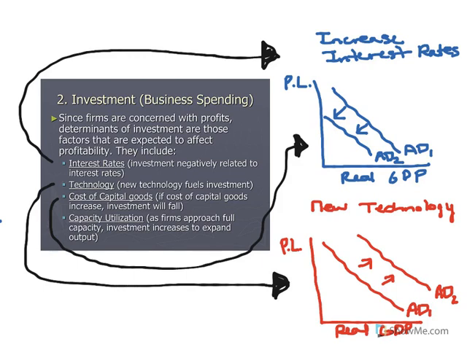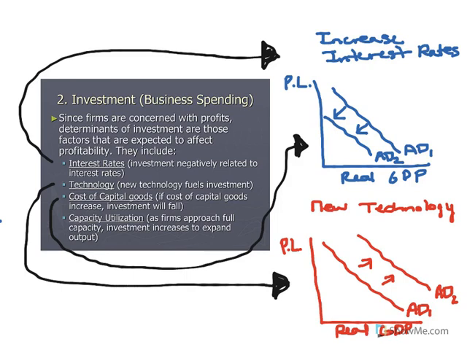So then that would mean lower levels of investment. However, if a firm approaches full capacity, in other words, they're utilizing all of their capital goods, and the only way that they can increase production is if they acquire more capital goods, then they're going to have to invest. They're going to have to spend money to get those additional capital goods, which would cause investment spending to increase.